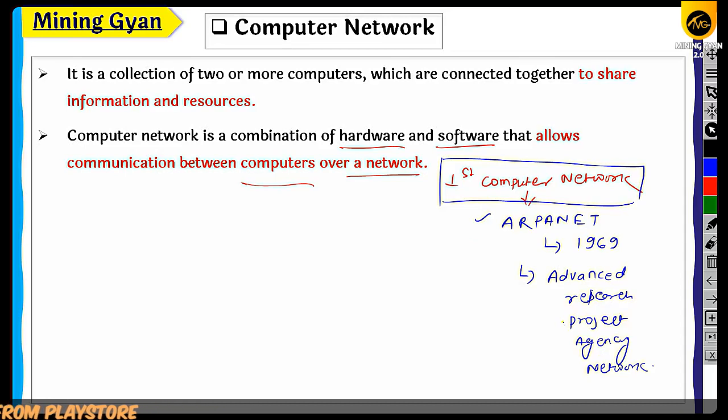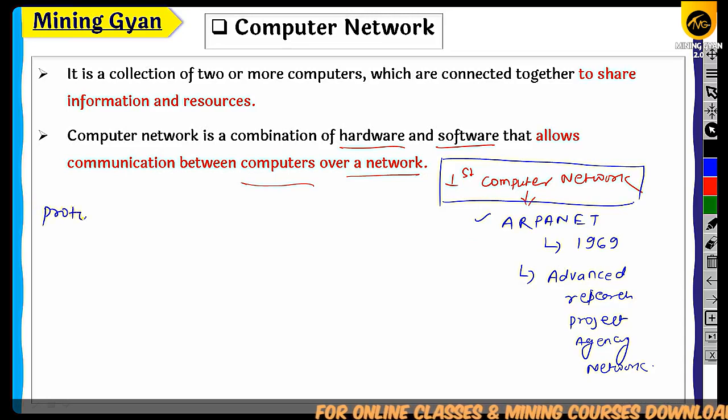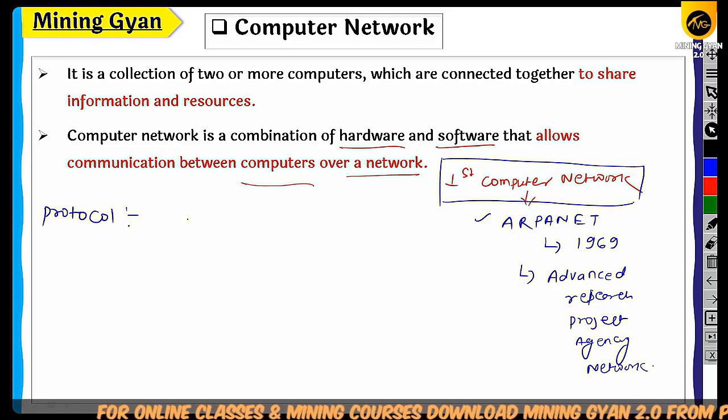Now, a network needs some terminology used in computer networks, like protocols. To operate a computer network we need protocols. These are network protocols, or internet protocols.